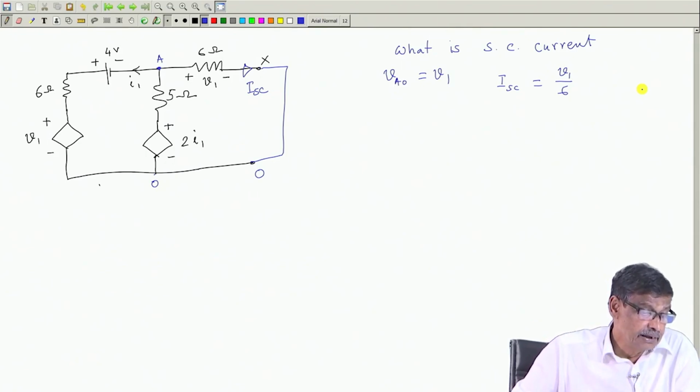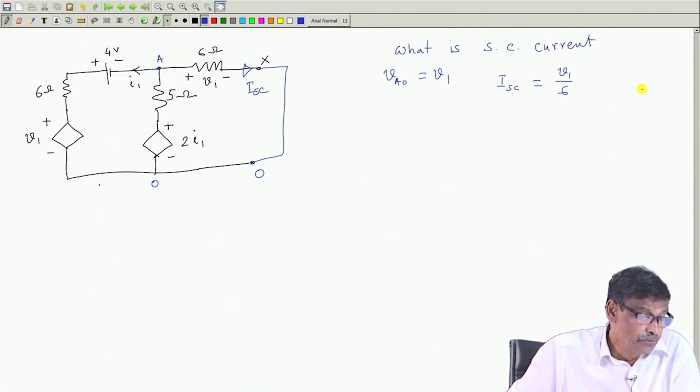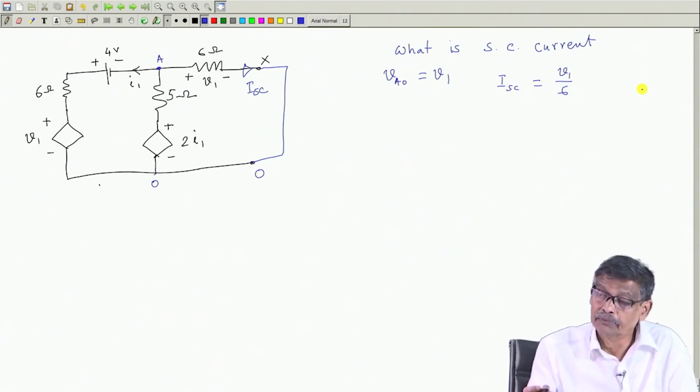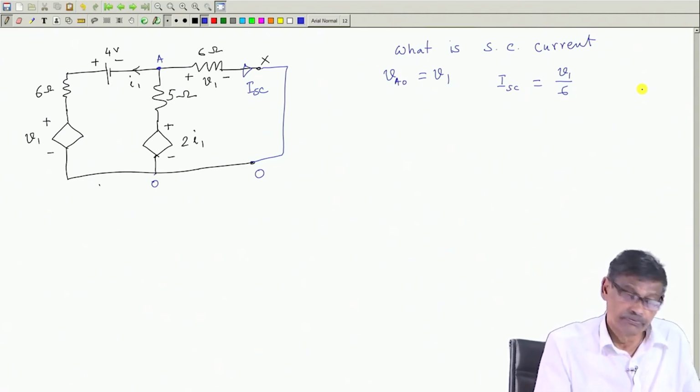Now, if that be the case, then what you do is this, you write down the KCL at node A. So V1 is equal to VA0.